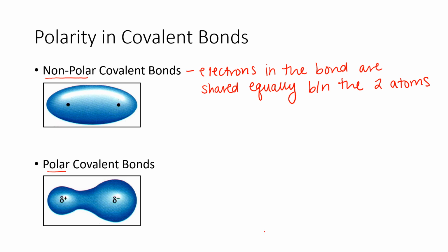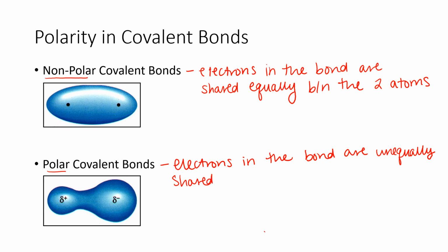Whereas in polar covalent bonds, it's the exact opposite. Here, the electrons in the bond are unequally shared between the two atoms. And what that means is that in polar covalent bonds, one of the atoms is more electronegative than the other atom.